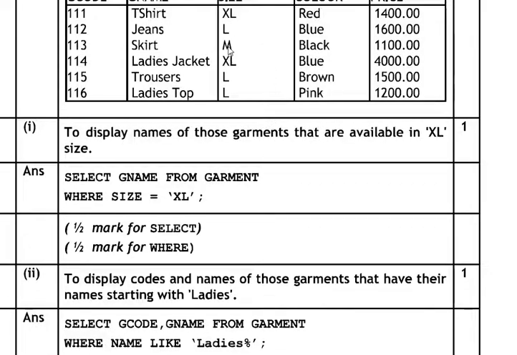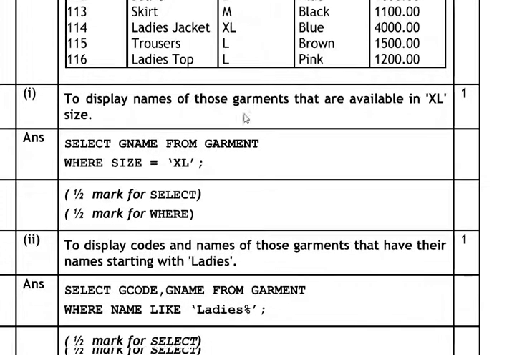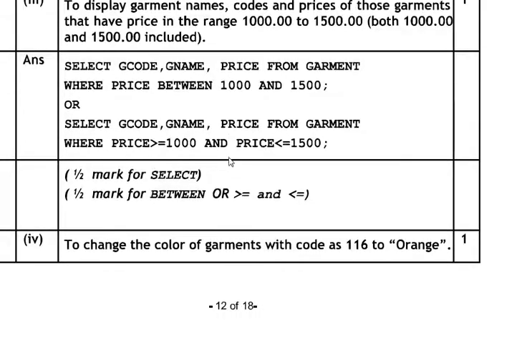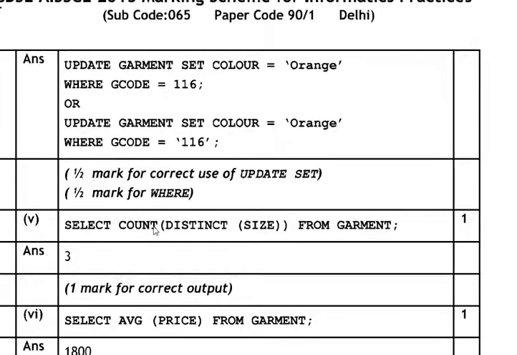Here is XL, L and M. So the output of DISTINCT size will be XL, L and M. And then if you enclose that inside the COUNT, it will be 3. Hope you got how to calculate it. First see the output of DISTINCT size, that will be XL, M and L, and then count these values. So this will come to 3. So 1 mark for the correct output.